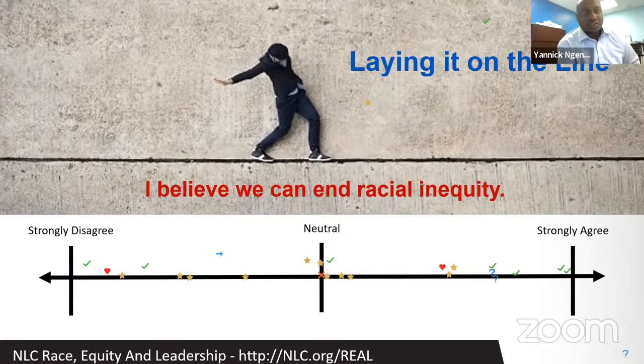It's easy to capture all these events, so it's easy to feel hopeless. But I'm more hopeful only because of the progress that has been made, and we are continuing to make progress. The reason why I didn't choose strongly agree is I just don't see the end of it. I see improvement, but not the end of it. And that's why I chose neutral.